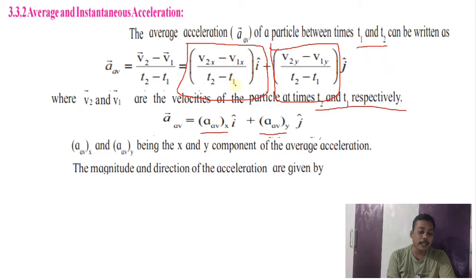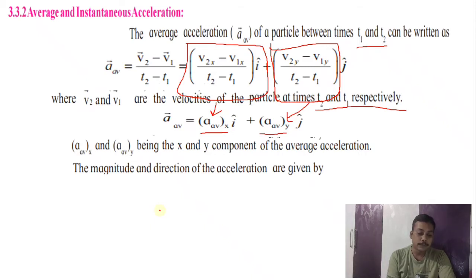Now for average acceleration, I replace it with the x component of average acceleration and the y component of average acceleration, which we already explained. So average acceleration along the x-axis is v2x minus v1x upon t2 minus t1, and similarly average acceleration along the y-axis is v2y minus v1y upon t2 minus t1.